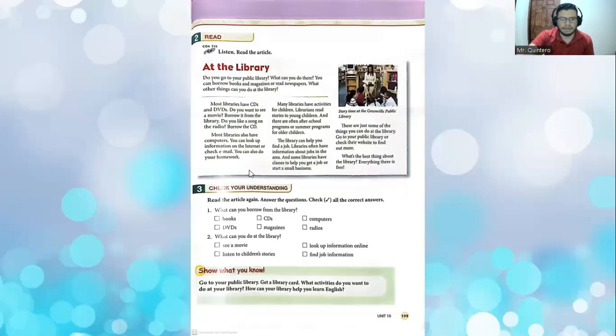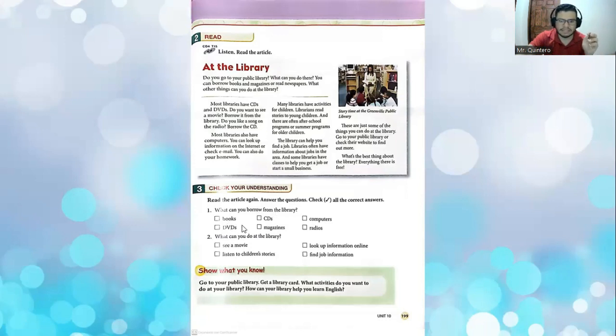Listen to the article and then complete it. What do you need to do after listening and reading the article? You're gonna read the article again, answer the questions, check with a check mark the correct answers. For example, what can you borrow from the library?